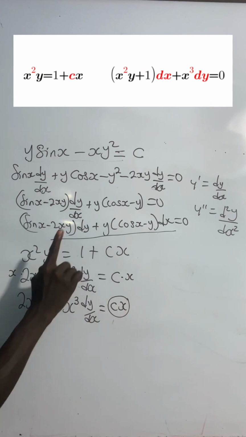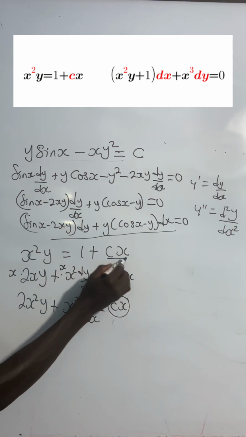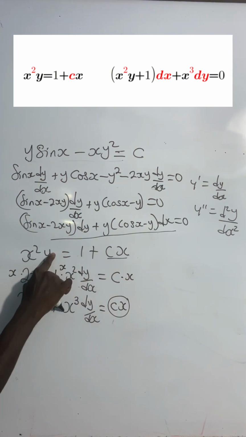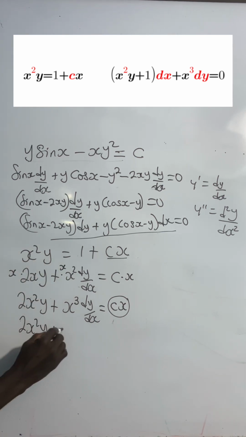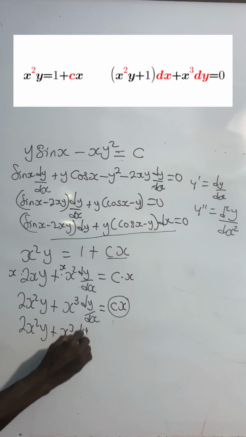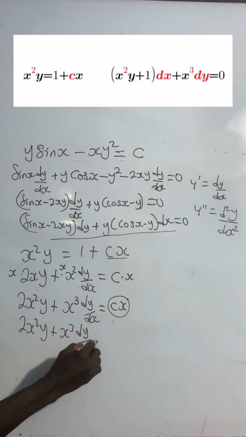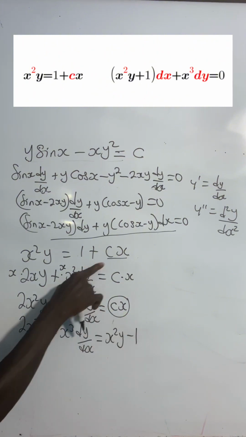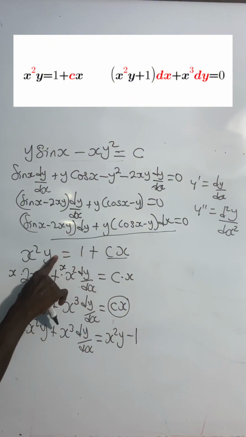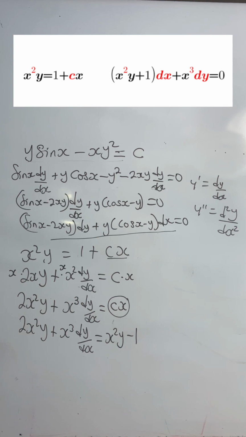Now cx can be found in the original equation. So we just take 1 and subtract it from x squared y to get the cx. So we have 2x squared y plus x cubed dy/dx equals x squared y minus 1. So now we've substituted the cx. Very simple.